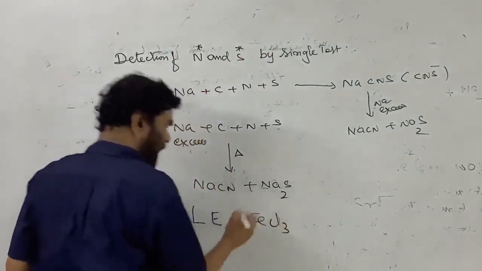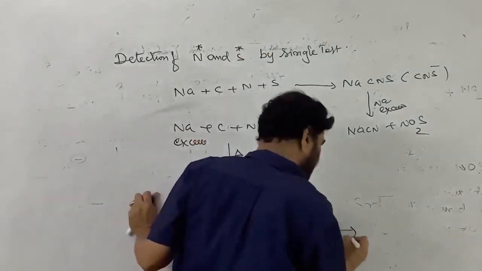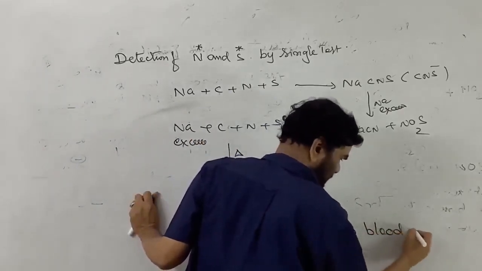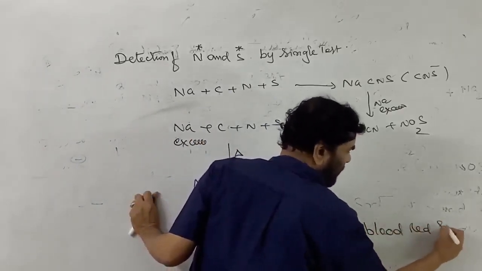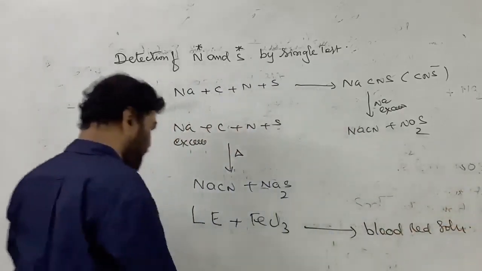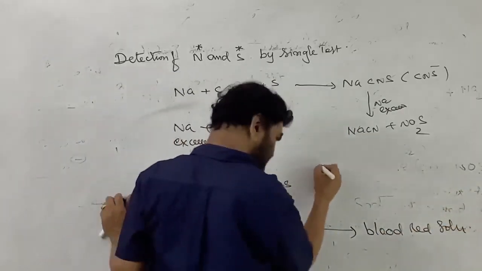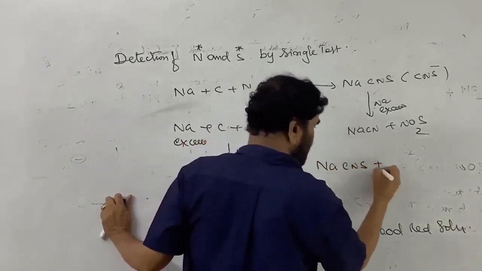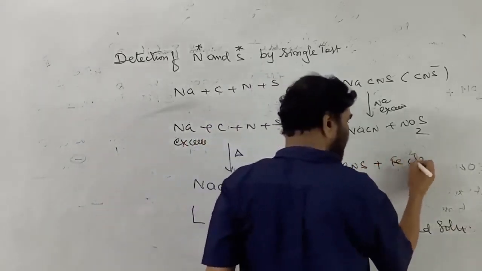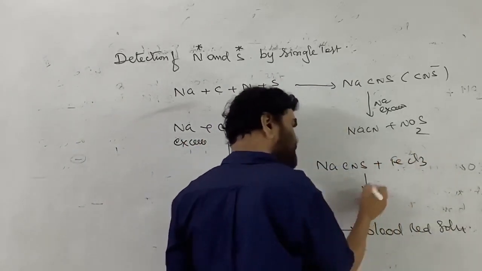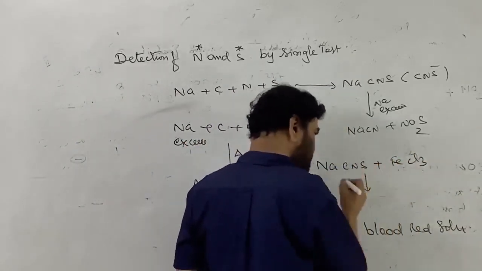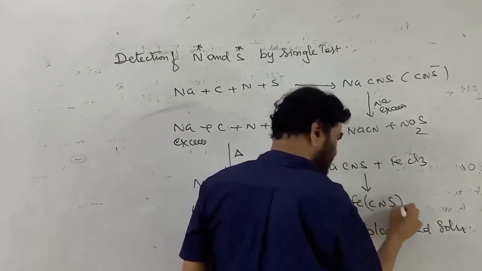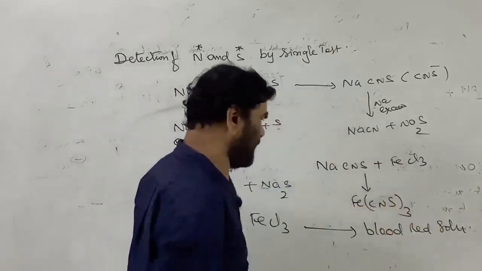Then what happens to the Lassaigne's extract? Add ferric chloride, so ferric ions are added, and a blood red color solution is formed. What is happening? NaCNS plus ferric chloride, which is the source of the ferric ions, gives Fe(CNS)3, ferric thiocyanate.